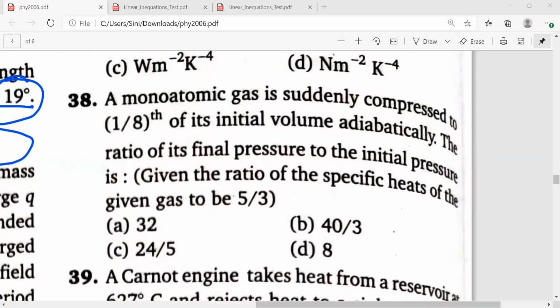Those who do not know how to do this question, let me know the same. Is there anyone who does not know this thing?